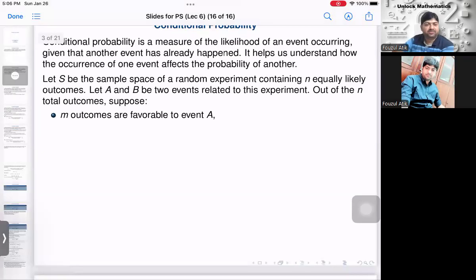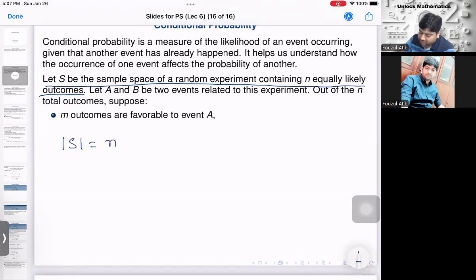Let S be a sample space of a random experiment containing n equally likely outcomes. So S has n outcomes, all of them equally likely. And let A and B be two events related to this experiment.